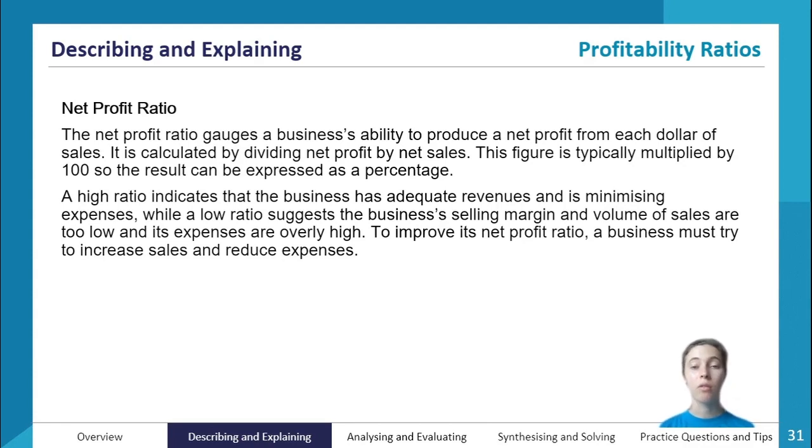So maybe it's got a really expensive telephone plan, or a really expensive rent, or electricity prices and things like that. So depending on the stimulus that you're given, the information that you're given on the business, you need to pick out what different changes could be made, what the recommendations are that you would give to improve the business's situation.